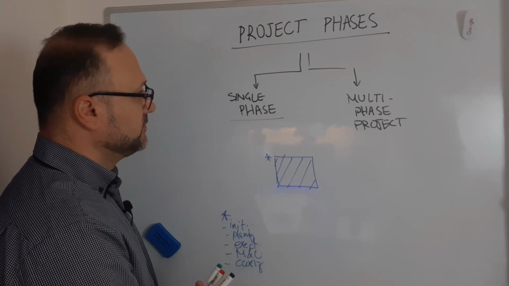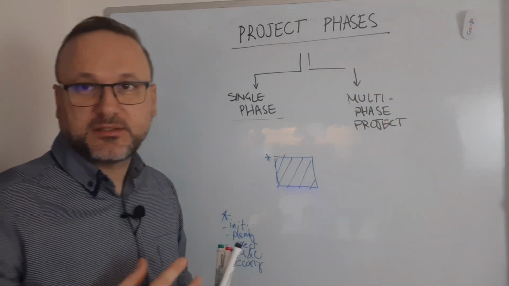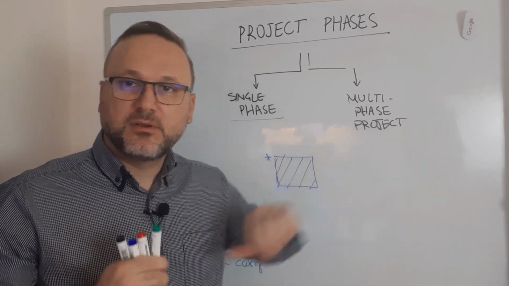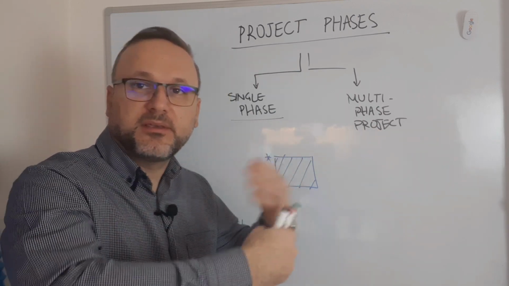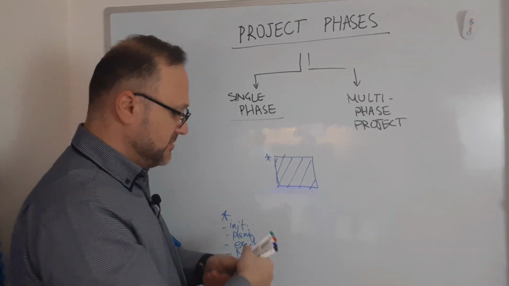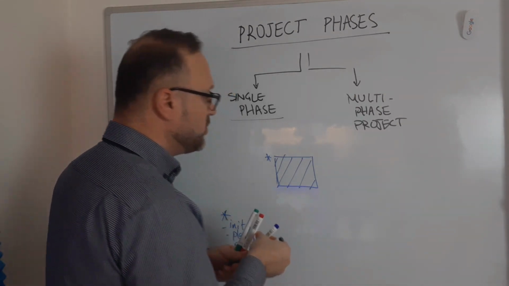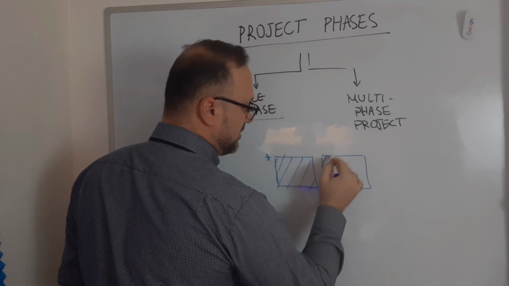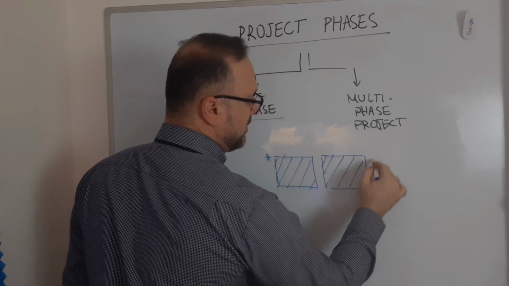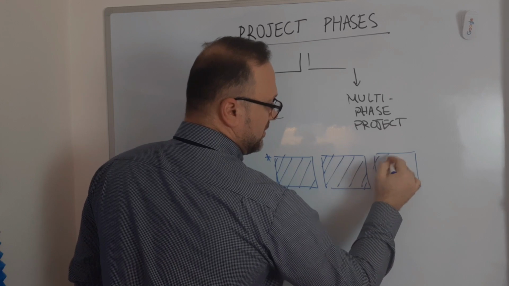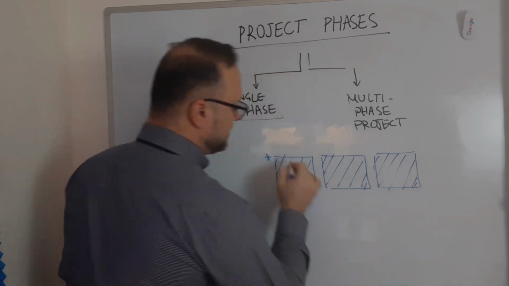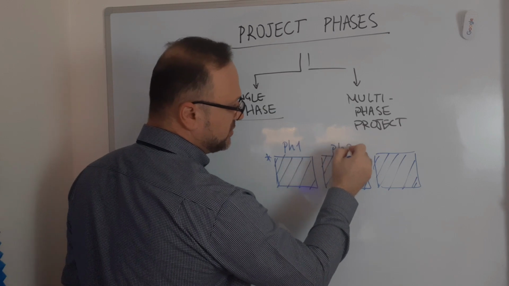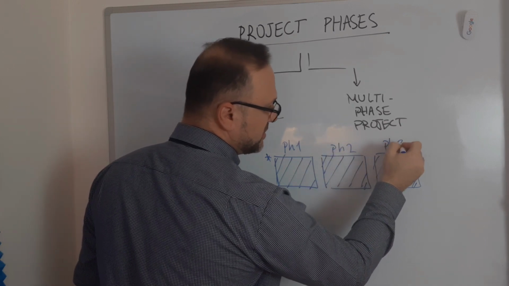Now, a multi-phase project could be a sequential phase or could be an overlapping phase. Let's discuss it. A sequential phase project, if we consider this is phase 1, this is phase 2, and this is phase 3.